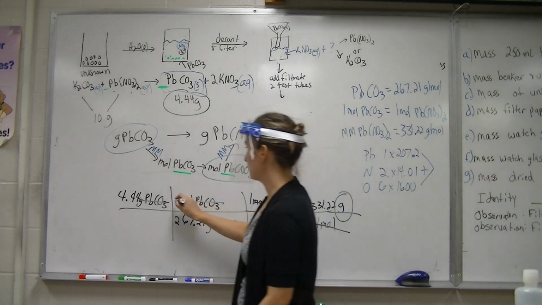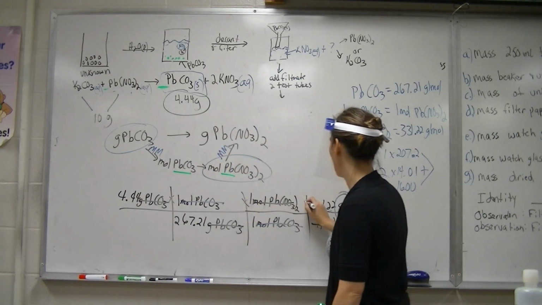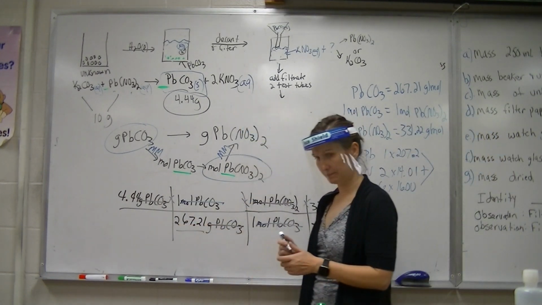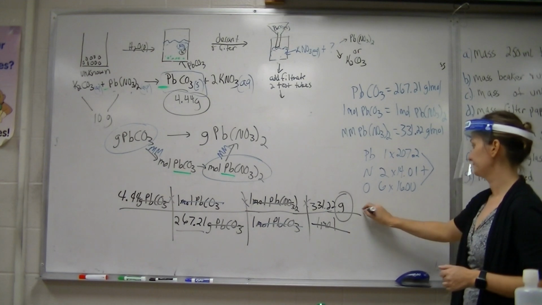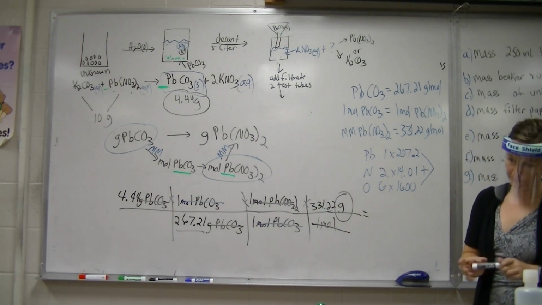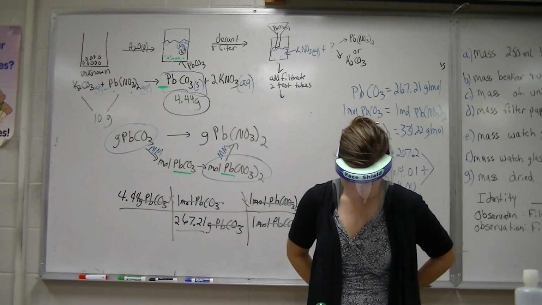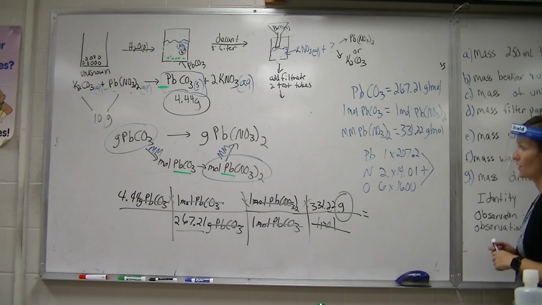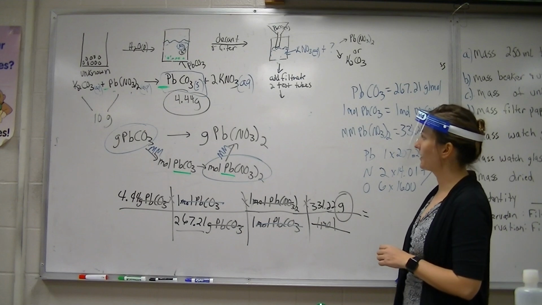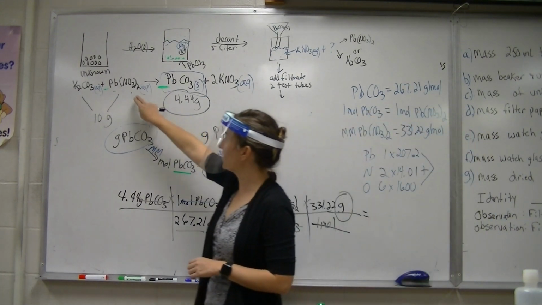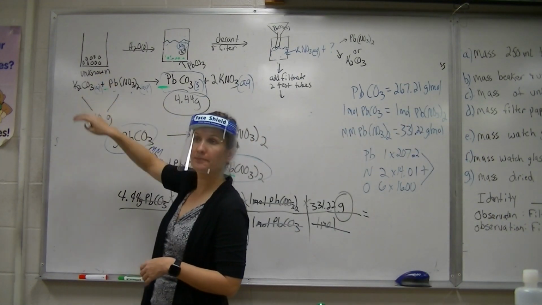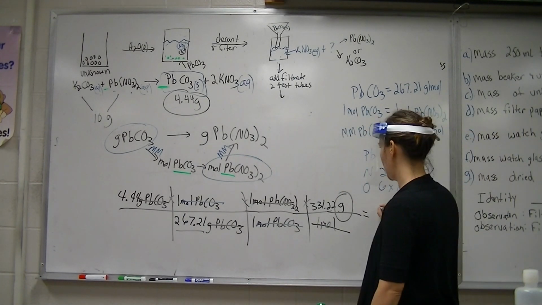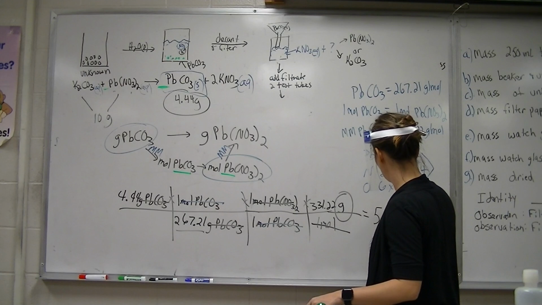So to solve, we multiply all the way across and divide by what's on bottom. So this is going to tell us how many grams of lead 2 nitrate were in our initial unknown sample. So, what did I get, 5.50? I think we need 3 sig figs. Yes.